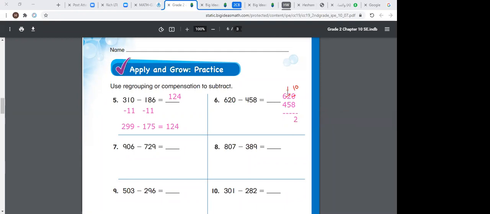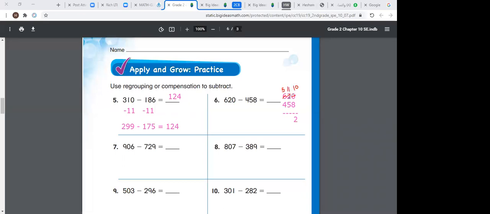Very good. And 1 minus 5 can be or can't be? Can't be. 6, please give me one. Now 6 becomes what number? 6 becomes 5. And 1 becomes 11.